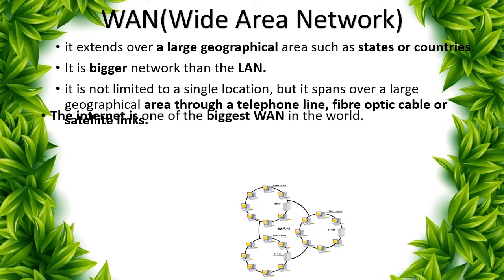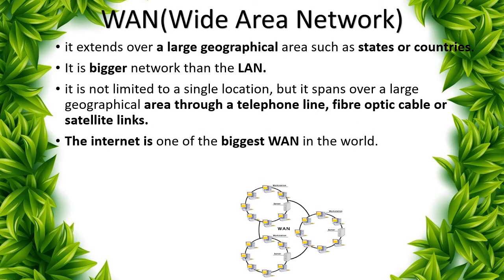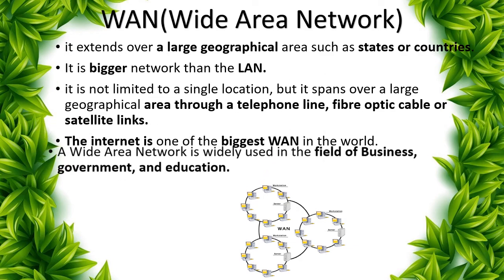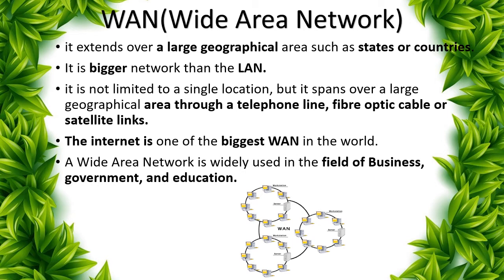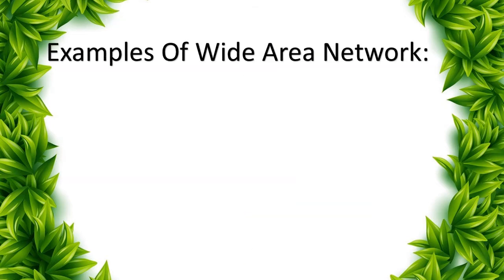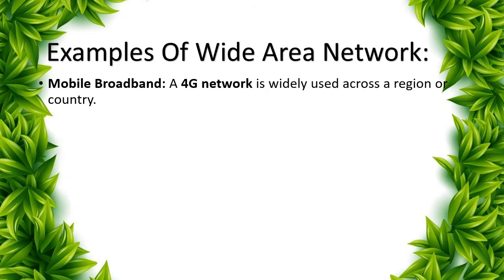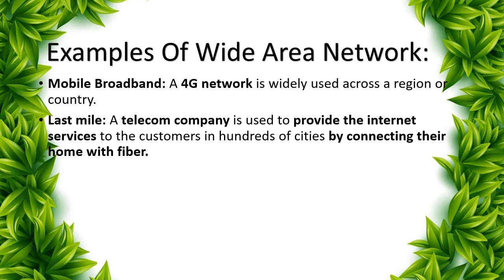The best example of a wide area network is the internet. It is used in various fields: business, government, education, sports. An example of a wide area network is mobile broadband. We are nowadays using 4G, which is also an example.